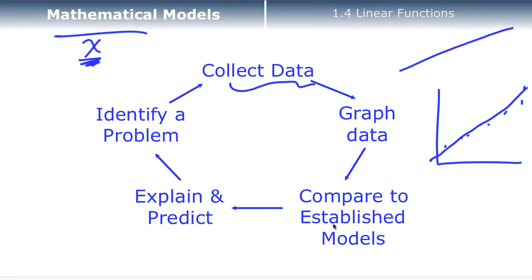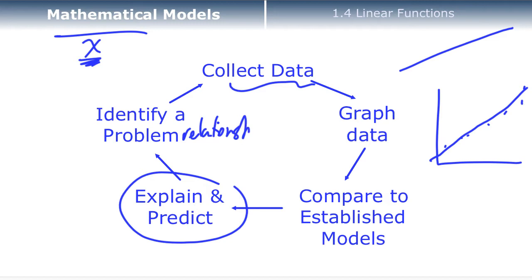Then with that established model, we maybe try and explain and predict something that is happening in a particular situation. Initially we identify a problem or a relationship that happens between data, collect the data, graph it, compare to an established model, and then explain and predict. And that's where the power comes from in math.